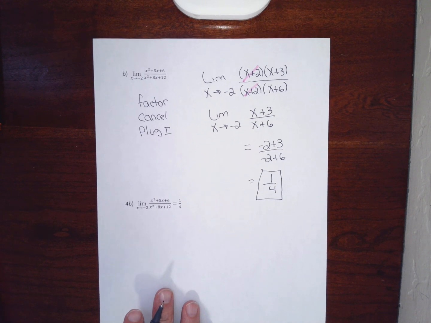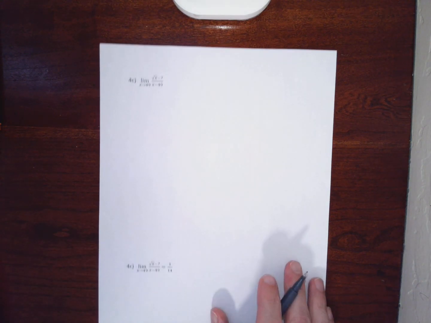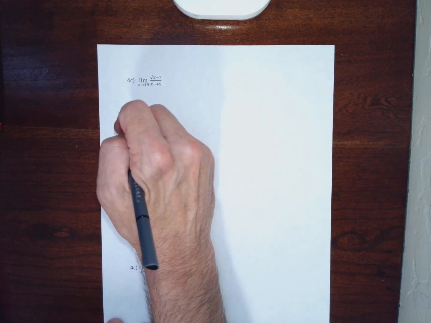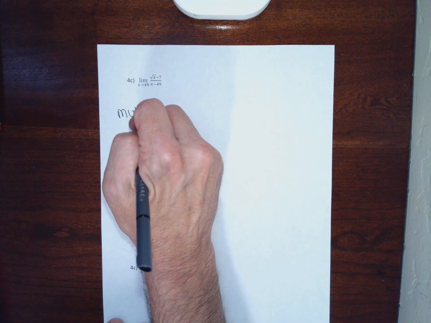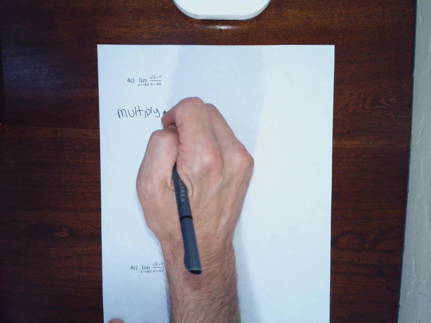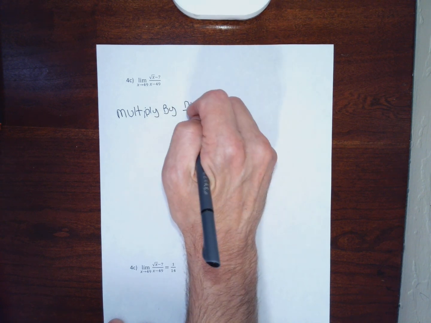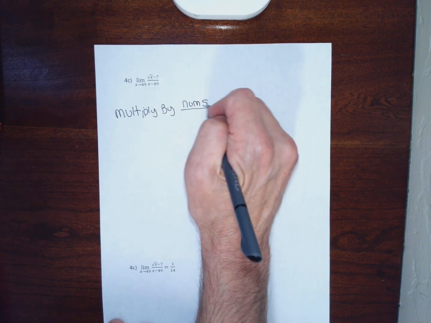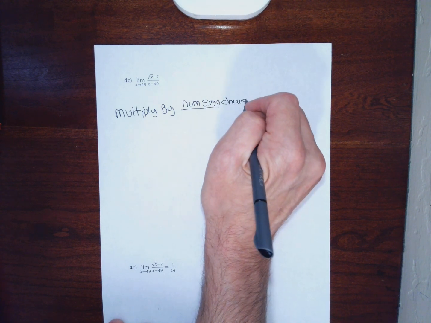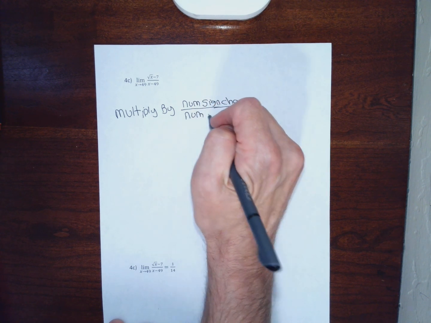C is ugly. Again, if I plug the number in, in this case 49, I'd get 0 over 0. This is a bad problem. To get the limit, I need to multiply the numerator and denominator by the numerator with the sign changed.